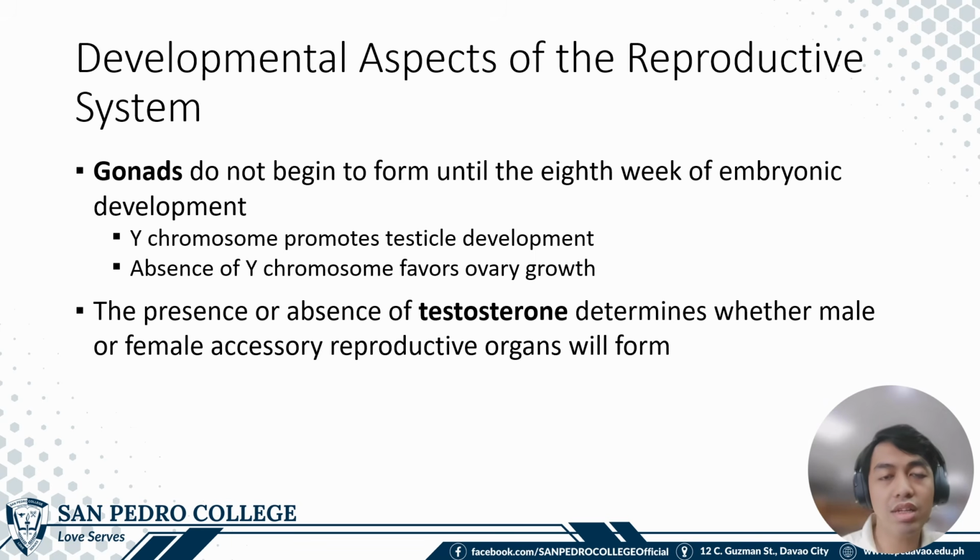The testicle will then produce testosterone, which is the hormone that develops the male external genitalia. If there is no Y chromosome, there will be no development of the testes. Hence, there will be no production of testosterone, and without testosterone, the external genitalia will become female.